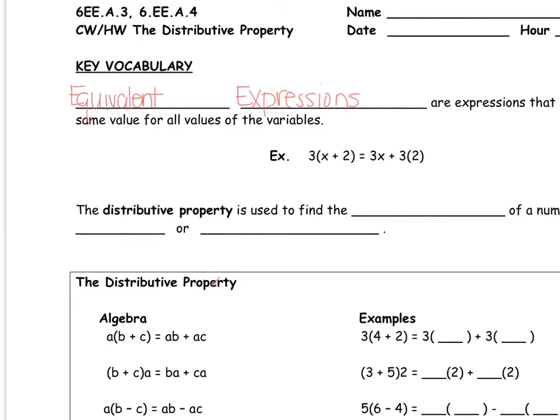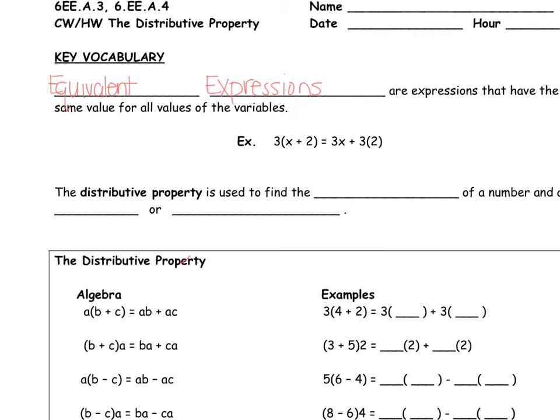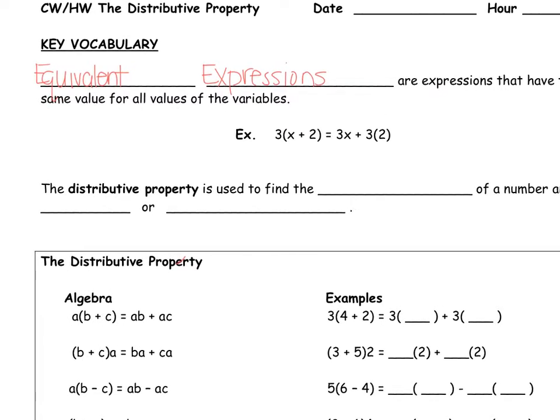So equivalent expressions are expressions that have the same value for all values of the variables. So what that means is on either side of the equal sign, the variables are going to equal the same amount.